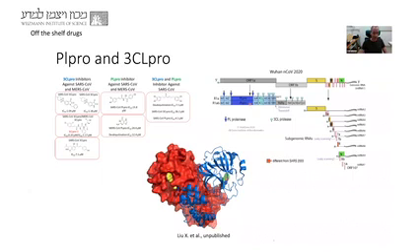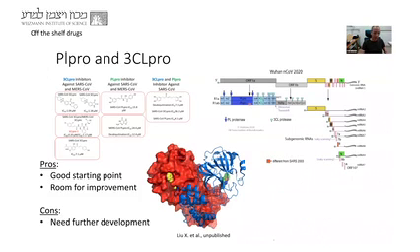They were developed, and that's it. So those would be a very good starting point to further develop better inhibitors. We can improve them, but they will need to be evaluated in clinical settings, something that was not done so far. And of course, that requires a lot of time.